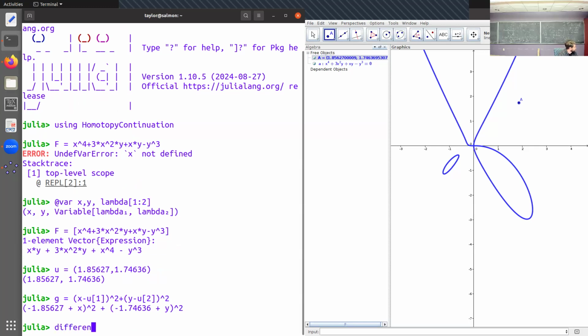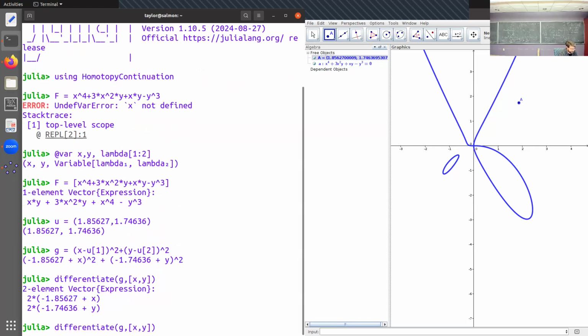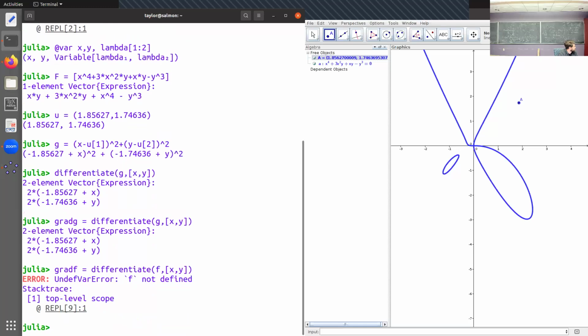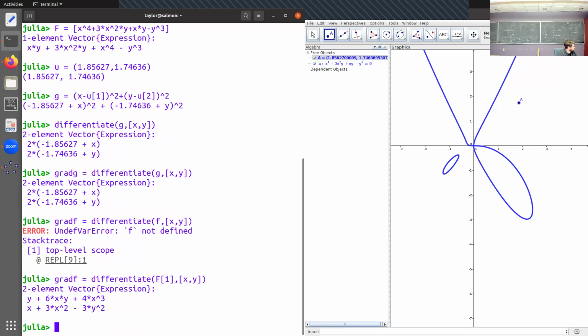Okay. So there's the gradient of G. And grad F is going to be differentiate F. Okay, I probably only need 1 lambda, yeah?